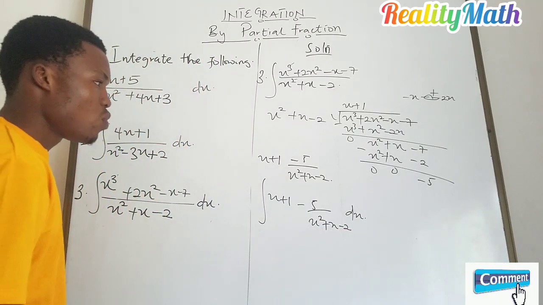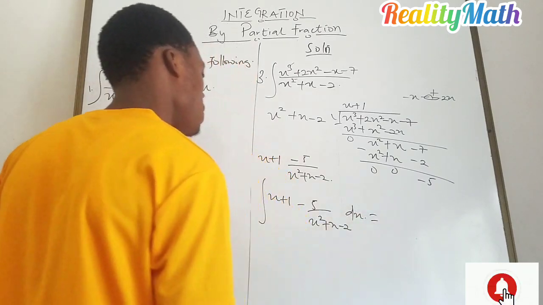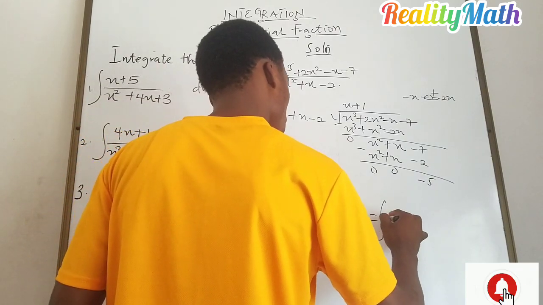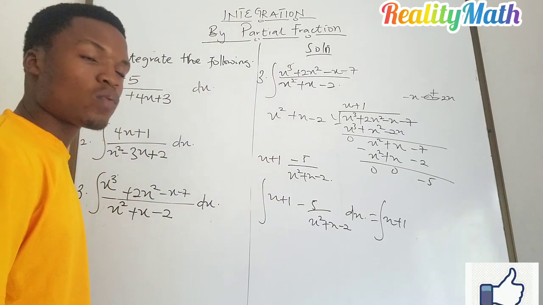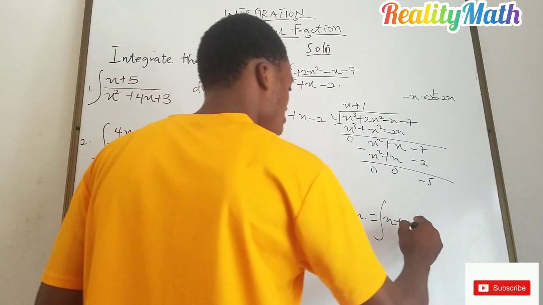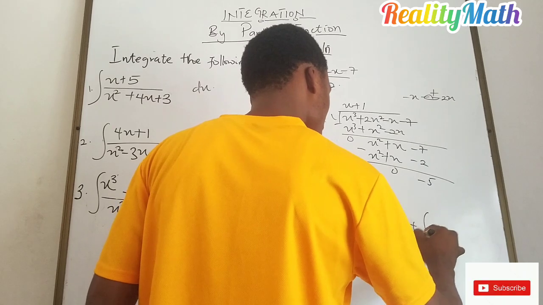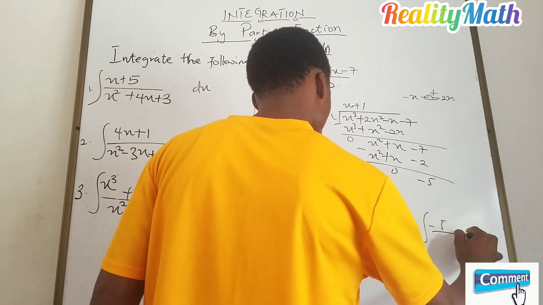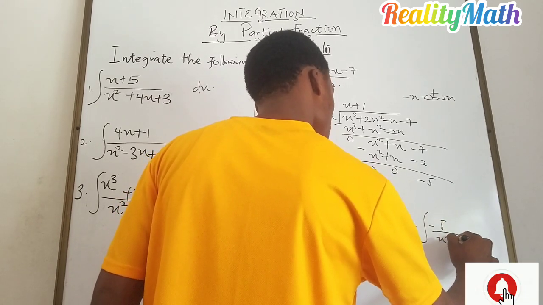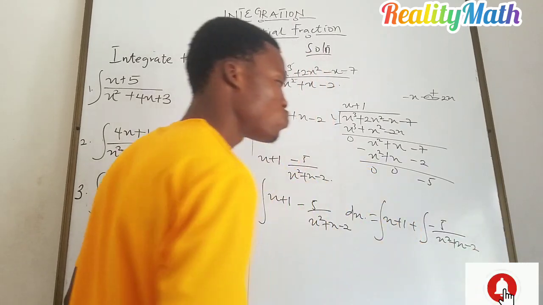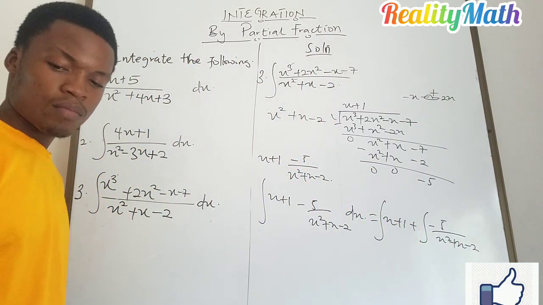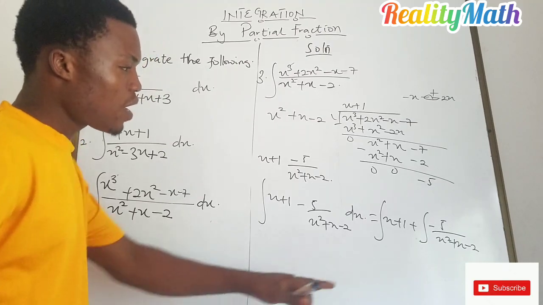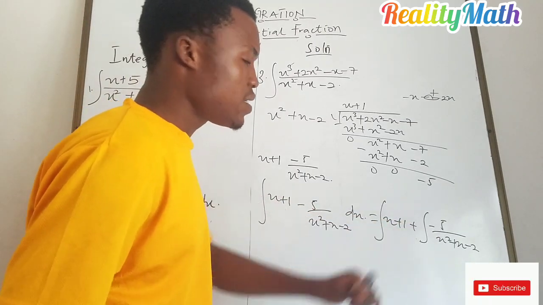Splitting this, we will now have the integral of x plus 1, so we are separating them, later added to the integral of minus 5 all over x squared plus x minus 2. Okay, so we are getting it in two folds. Now, if we are getting this, it means that we can integrate this separately.